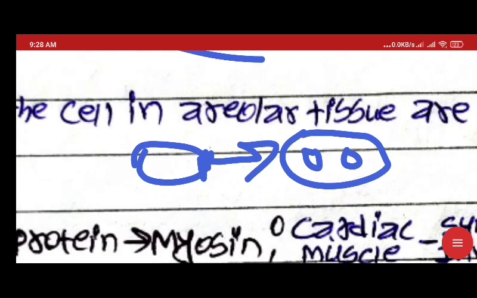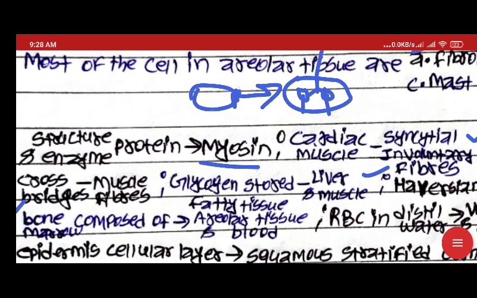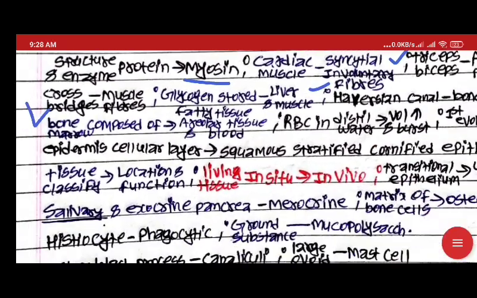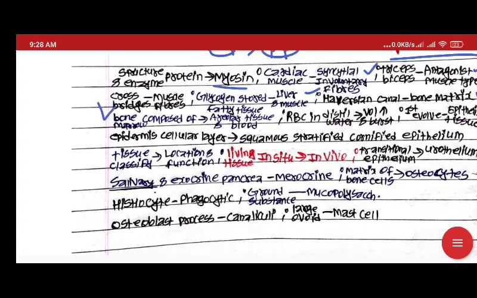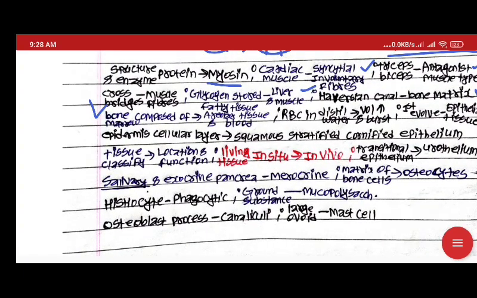This is called the Haversian canal. It contains cells, and here we get canaliculi, and this is called Volkmann canal. We have studied this in the previous lecture and revision also. So you should remember, this is most important.